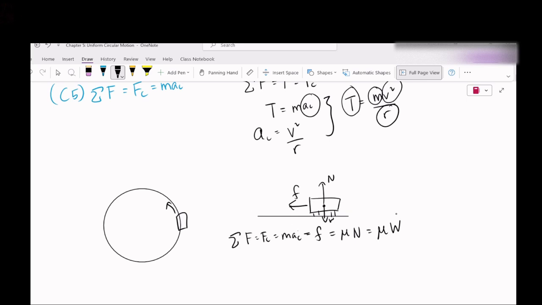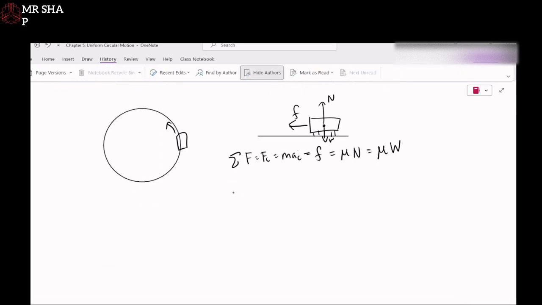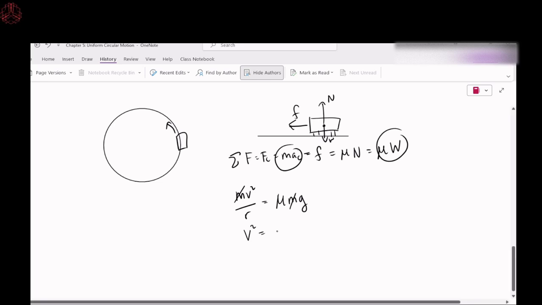Of course, I can extend this. MAC is just mv square over R, and mu W is just mu mg. I can cancel the m's out and have v square equals mu rg.